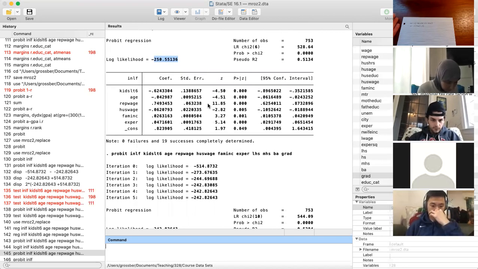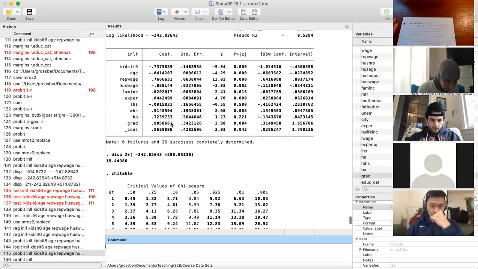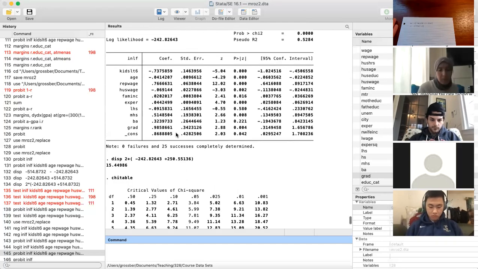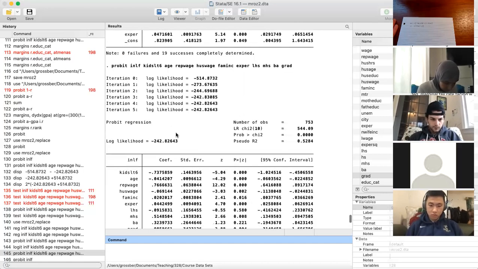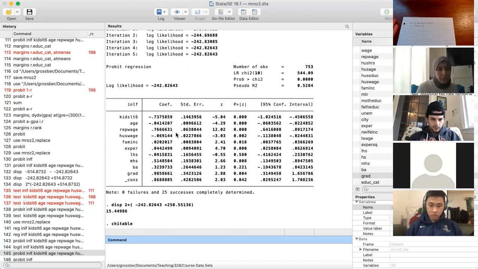You have to estimate the constrained and the unconstrained versions of the model. Okay, but that's doable. Have other questions? All right, so that's a likelihood ratio test.